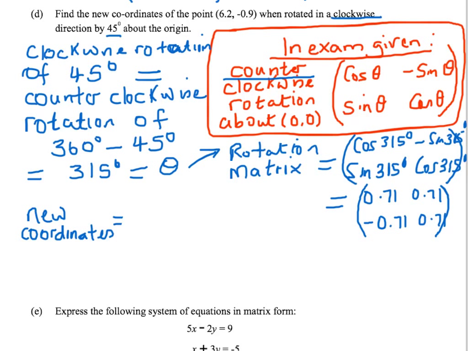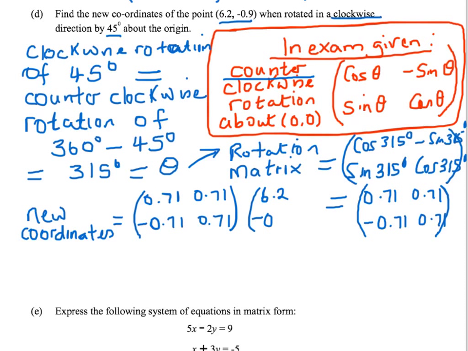Now to get my new coordinates, I take the matrix of rotation, which I've just formed, 0.71, 0.71, minus 0.71, and 0.71, and I multiply it by the point that I want to rotate. That point is 6.2 and minus 0.9.